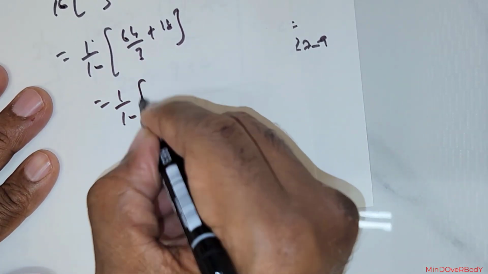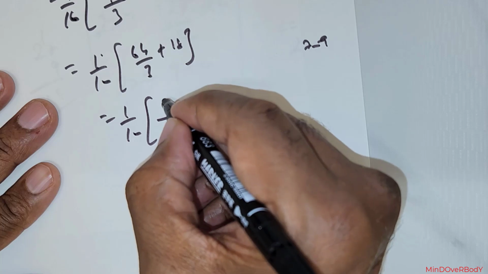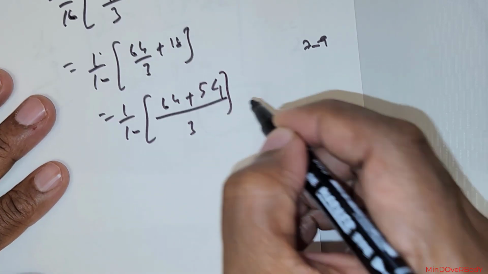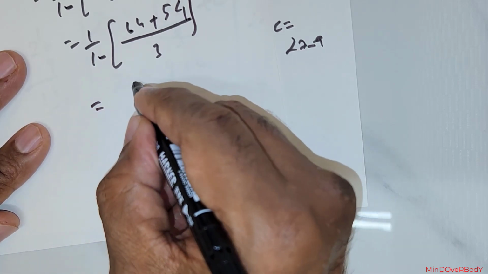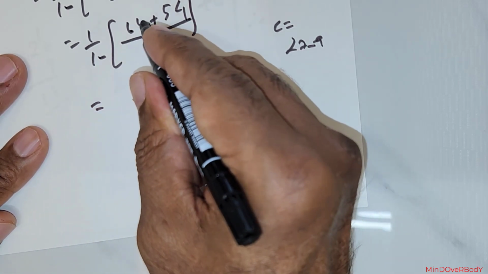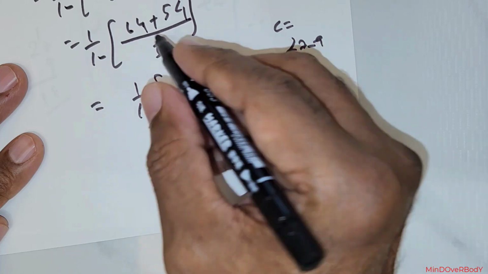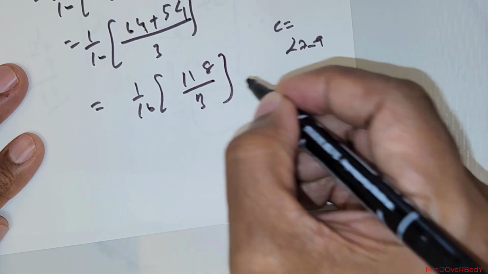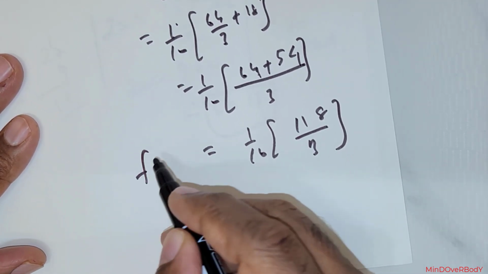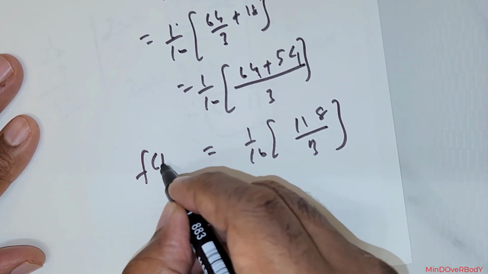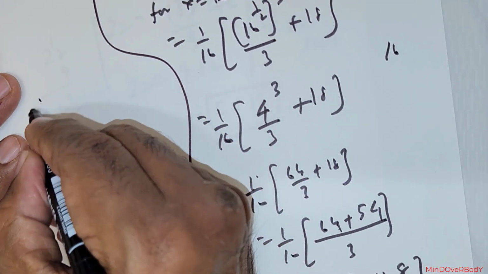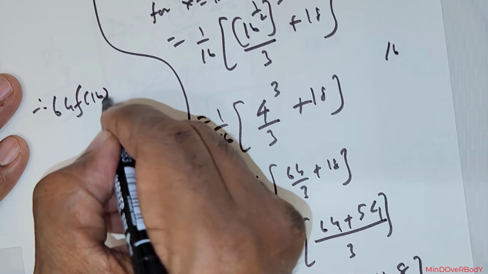Which is going to be 1 over 16, 3 can be taken as LCM, so 64 plus 8 3s are 24, 2 and a 5 there. So this is 1 over 16 and you add these two together, you get 118 divided by 3. But this is my f of 16 value, but we need 64 times f of 16.